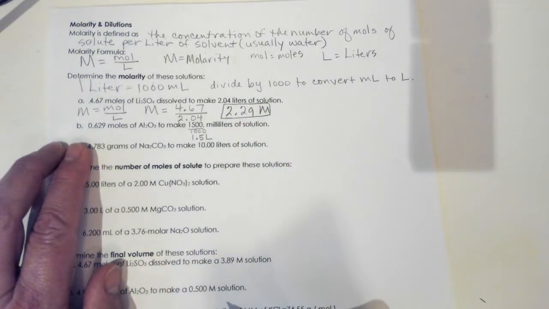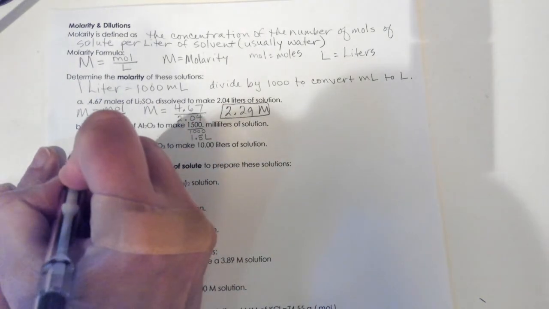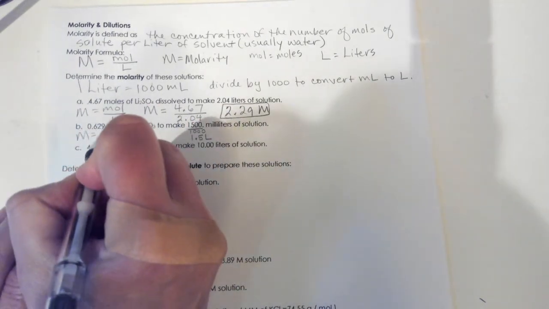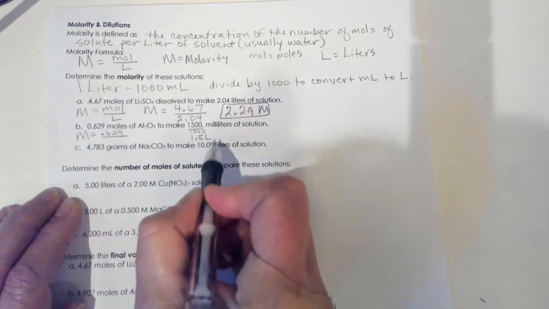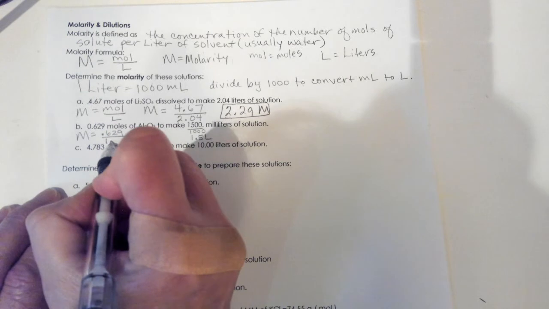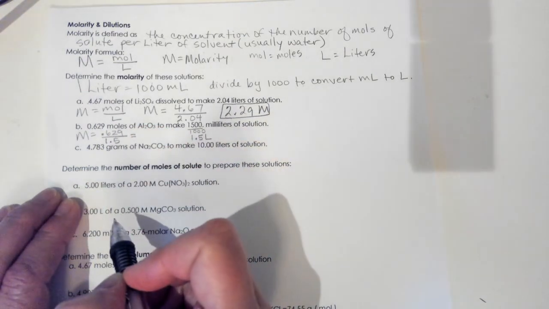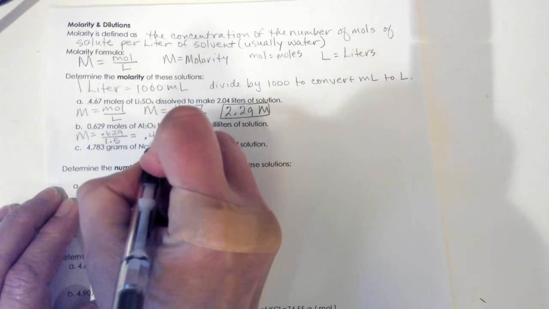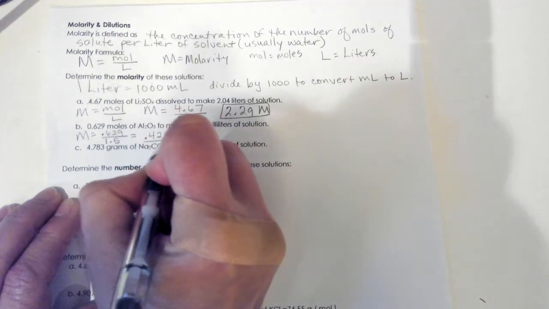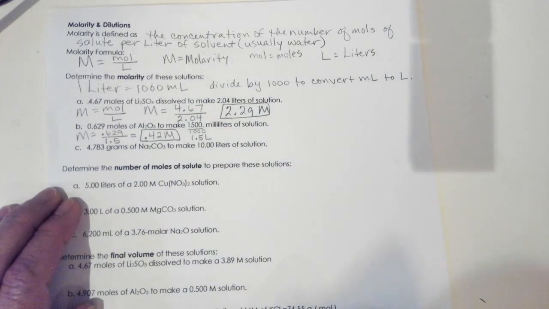And now we have all of the information we need. So molarity equals our moles, 0.629, over liters, which is 1.5. And we divide that and we get 0.42 moles per liter. That's the molarity.